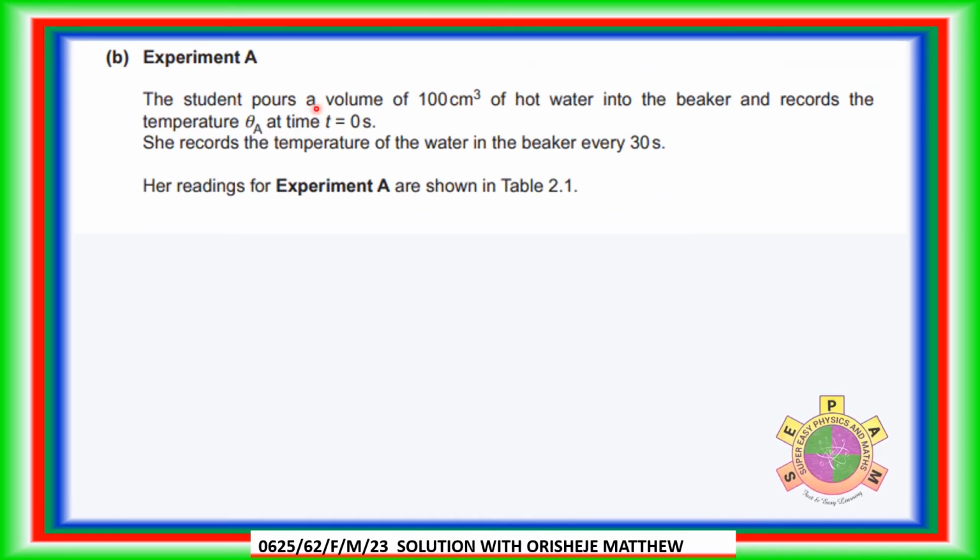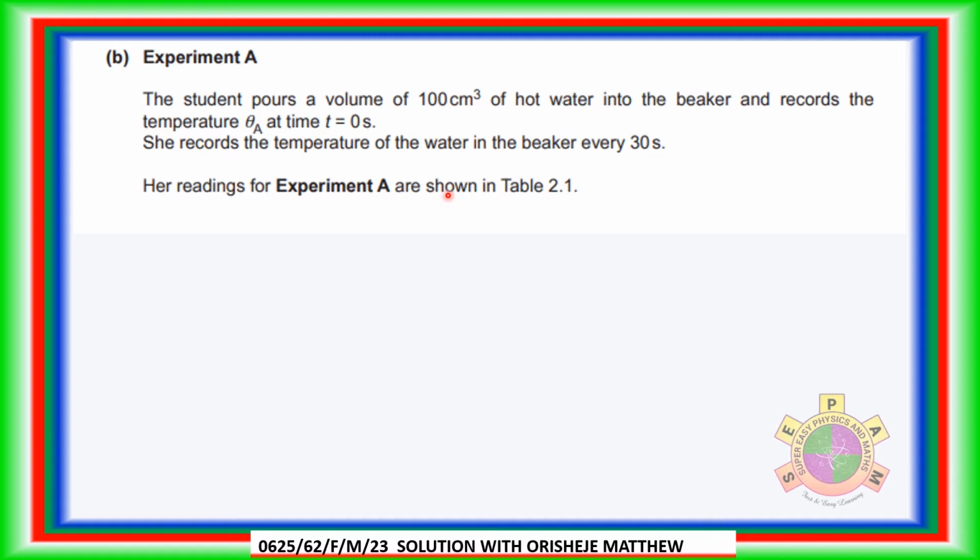Experiment A. The student pours a volume of 10 cm cubed of hot water into the beaker and records the initial temperature at t equal to 0. She records the temperature of the water in the beaker every 30 seconds as the temperature is reducing. That is the cooling rate.